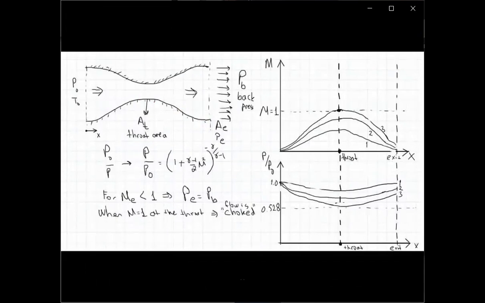It's fixed. Anything that you do at the exit to increase the mass flow rate will not work. In fact, there is a plot about this. Let me try to show you the maximum mass flow rate plot. So use this little area down here.